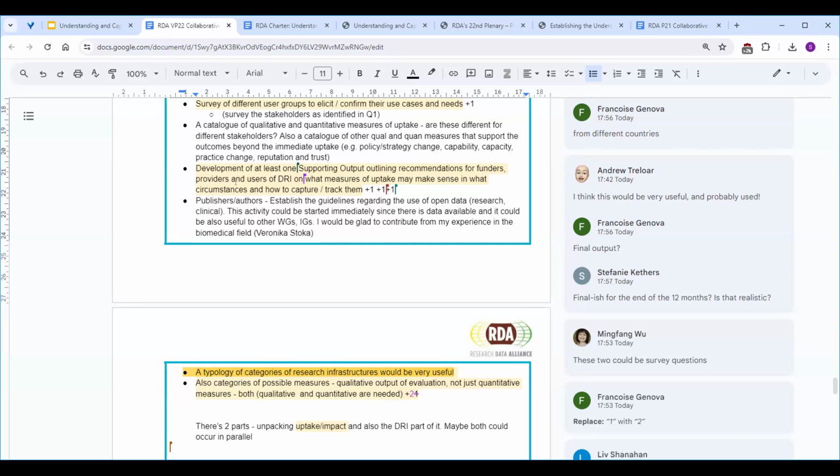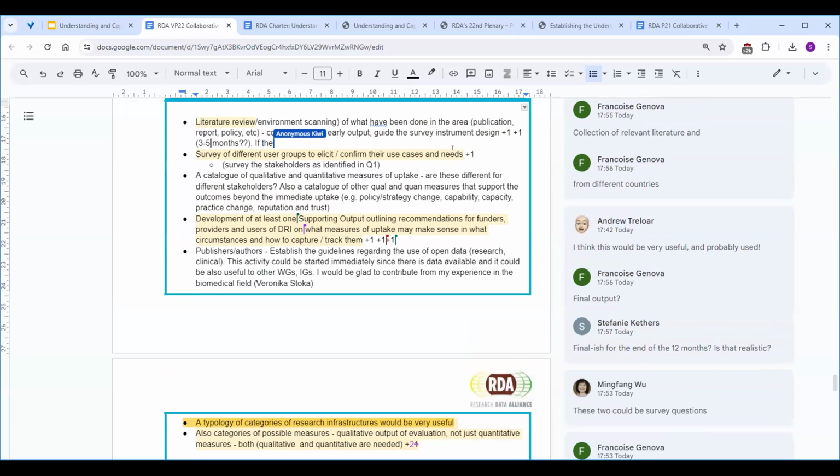I think that makes sense, Kali, that the first 12 months go to these two activities, literature review and the survey, because the survey result itself is a good supporting output. Then you recommend those guidelines, or you could start a working group on that.